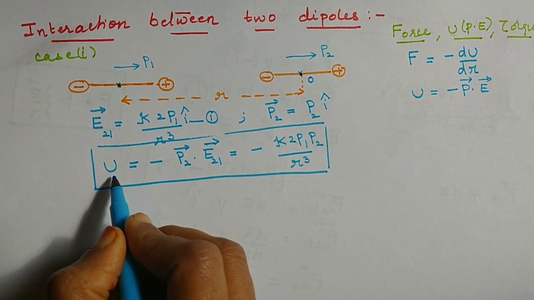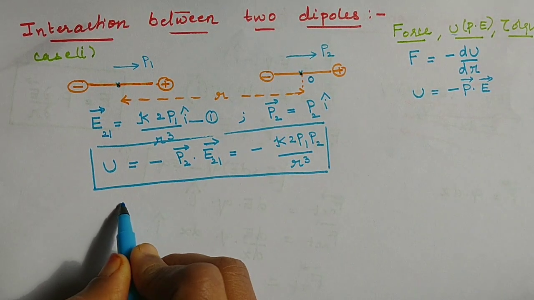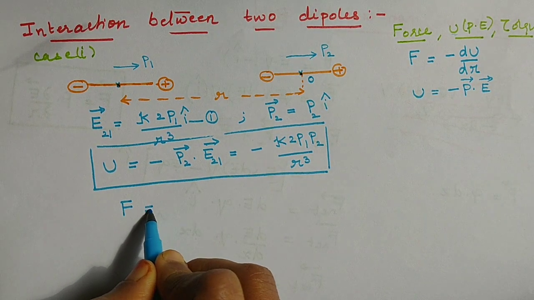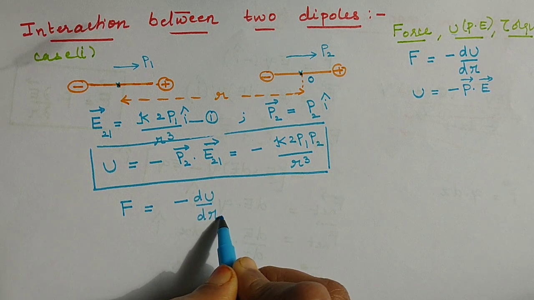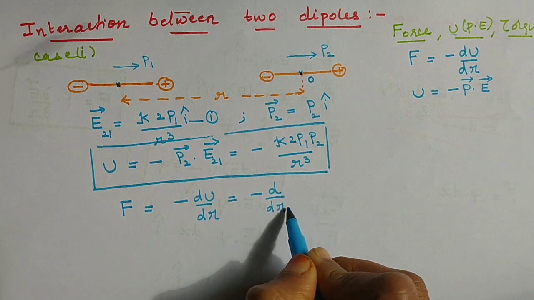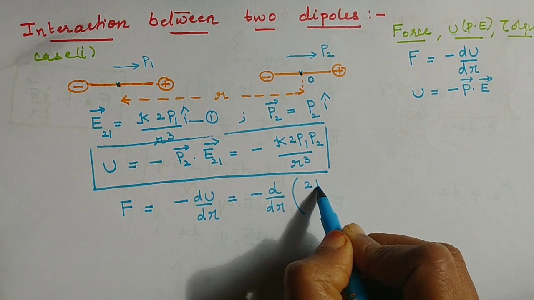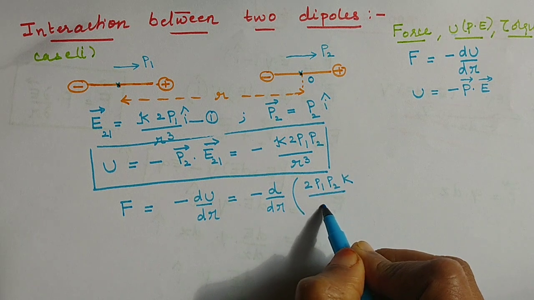Once you know this interaction energy, it's easy to determine the force. Let's see how to find the force. Differentiate the relation. Force is minus dU by dr, that is minus of d by dr of 2 P1 P2 K divided by r cube, where K is 1 by 4 pi epsilon naught.